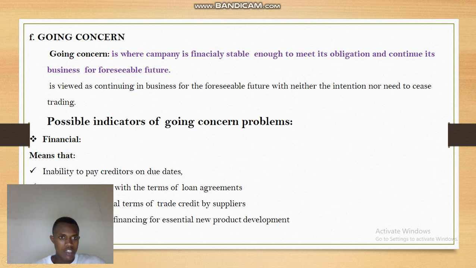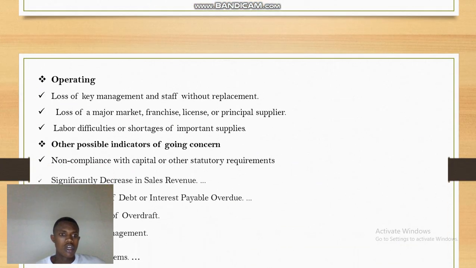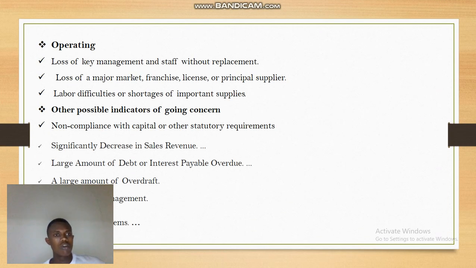The second indicator of a going concern problem for a given entity is operating. This is the operation of the company.